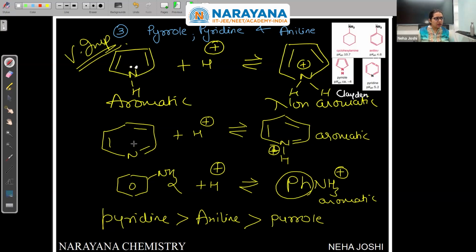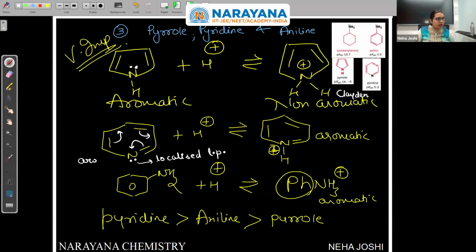Coming to others, if I see here, here is the nitrogen lone pair and it is a localized lone pair. It is not part of resonance. Resonance is using this, just the arrow direction I have to change. This type of resonance is going on in this pyridine cloud, right? So this is a localized lone pair and a localized lone pair will be definitely better available to act as a base. So this conjugate, it was aromatic, it is aromatic.